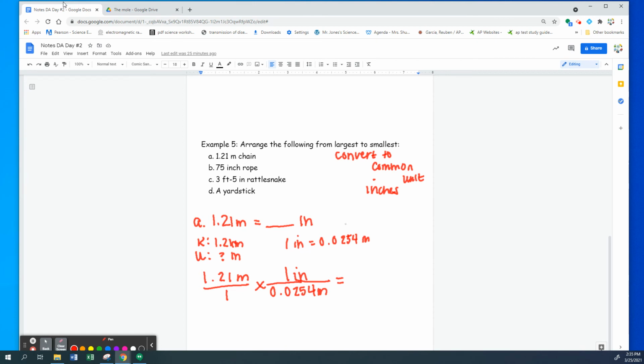So I'm going to use my calculator. 1.21 divided by 0.0254. It's going to give me 47.64 inches. I'm going to go ahead and write that right here next to A, because I'm going to erase my work. 47.64 inches. Our second one is already in inches, so we're good there.